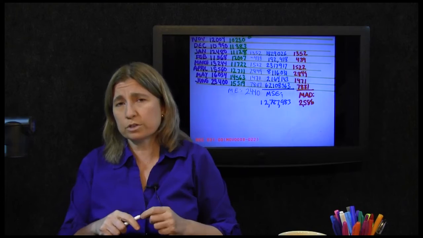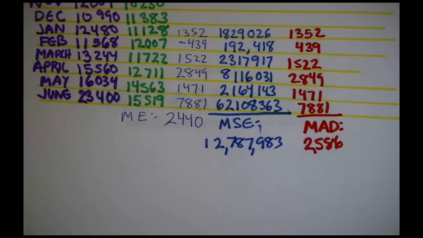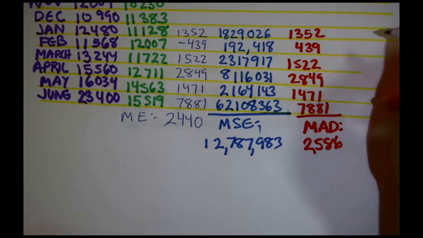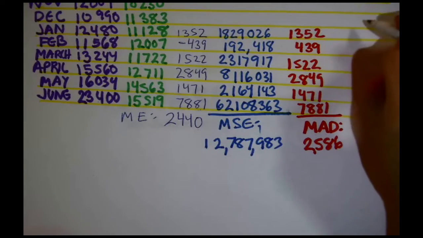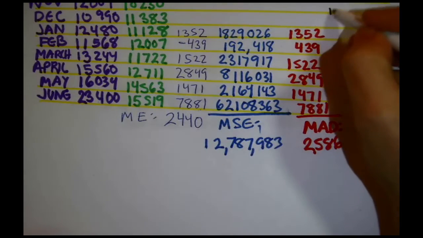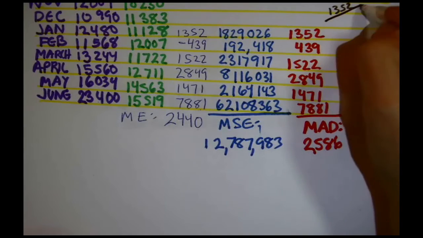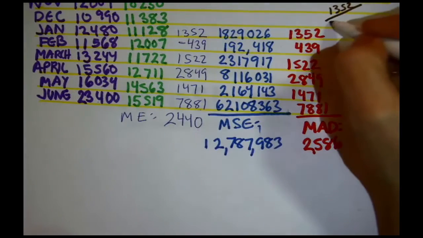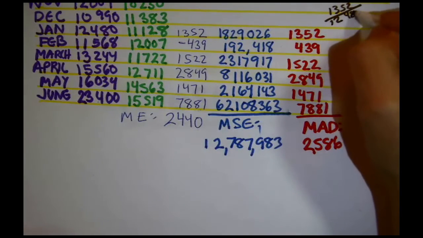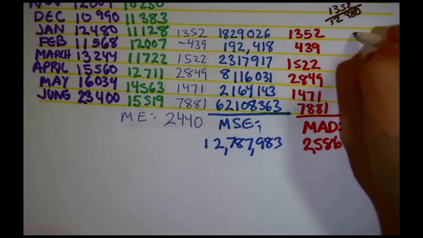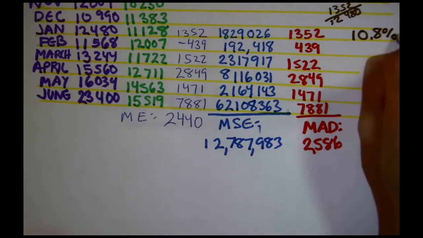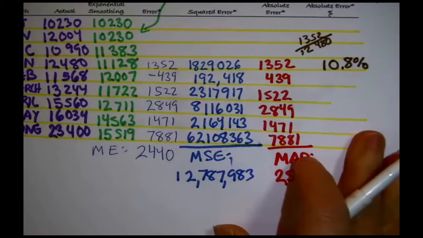Okay. And then finally, to get a sense of scale, just like we did last time, we could convert the errors into percent errors. Then we could take the absolute values. Let's see, if you take this 13,052 and you divide by what was the actual, 12,480, you reveal that the percent error, and the absolute percent error for that matter, for January was about 10%. I get 10.8%.